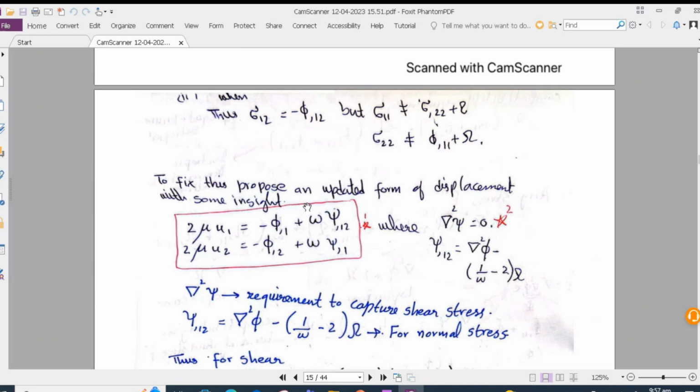This can be omega, w, whatever we want to call it. And the Laplacian of psi should be 0, and psi comma 12 is equal to the Laplacian of phi times this term, which is a 44. This term in our case would be equal to 0. So psi comma 12 would be equal to the Laplacian of phi.